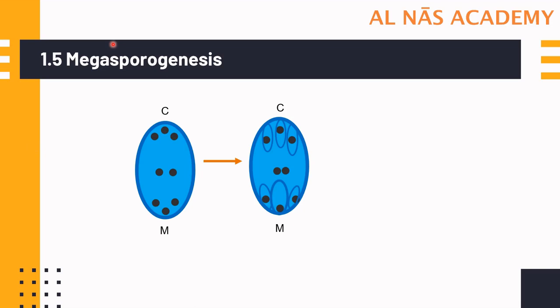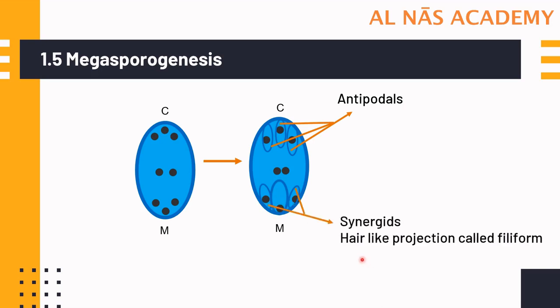Let us understand what are the names given to these cells. The cells which are closer or which are around the chalazal end are termed as antipodal. Of the cells towards the micropyle end, one is a bigger cell which is called the egg cell, and around the egg cell there are two synergids which have hair-like projections called filiform apparatus, and they guide the pollen tube towards the egg cell.